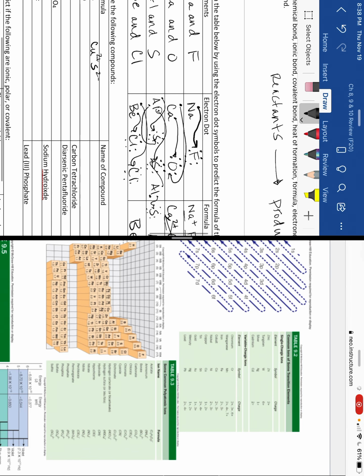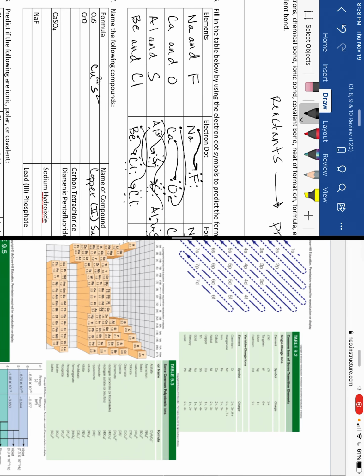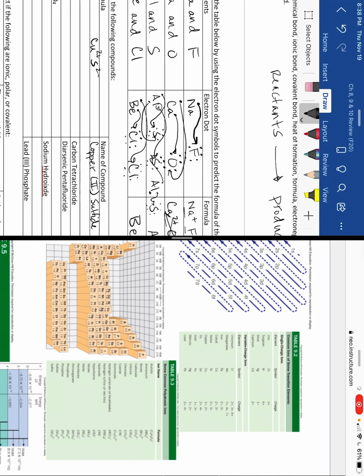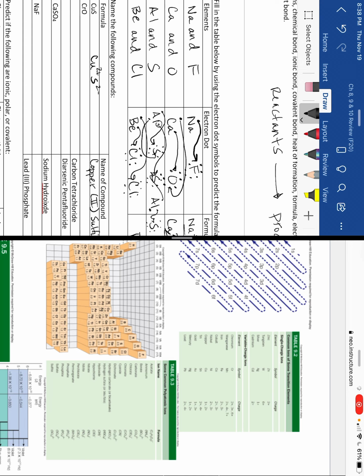So when you go to name it, it would be copper(II) sulfide. So if it's something found in that table 9.2, then you'll have to use Roman numerals in order to name it.